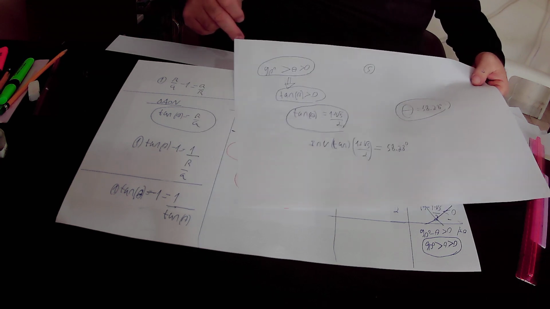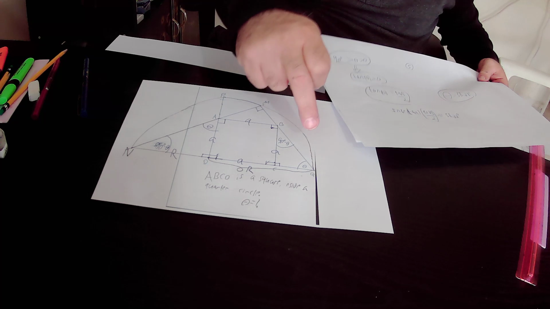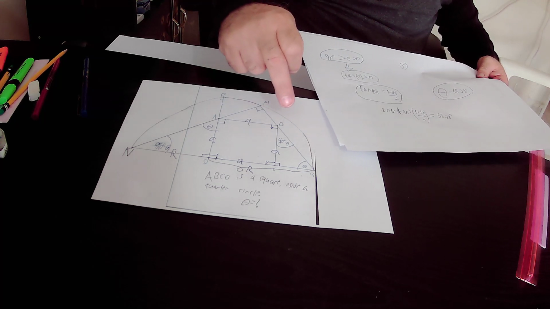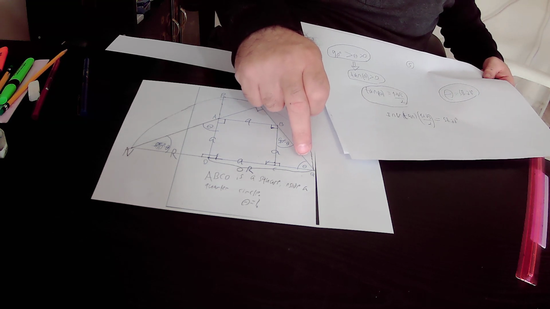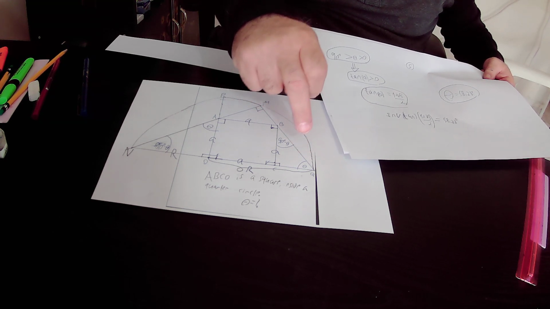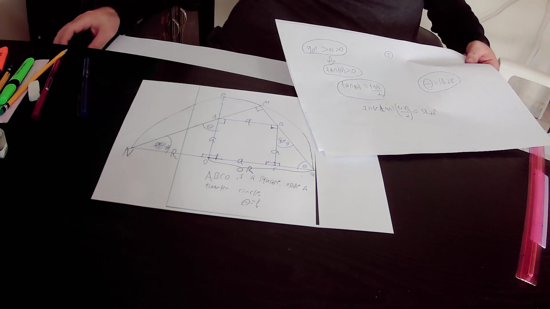So in conclusion, we found out that the size of this angle, angle theta, the angle that we are looking for, equals 58.28 degrees. I'll repeat again, the size of this angle, angle theta, is equal to 58.28 degrees. Okay, thank you very much.